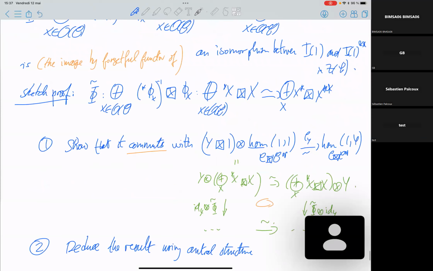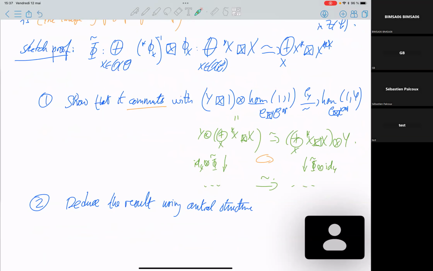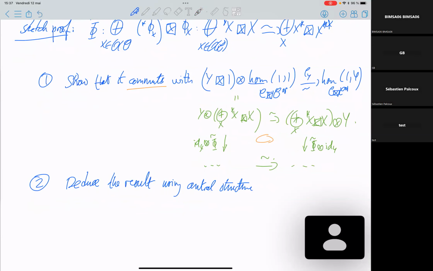Okay, because remember that the central structure on I1 was induced by this isomorphism. The proof is going this way, but I don't want to go into more details.